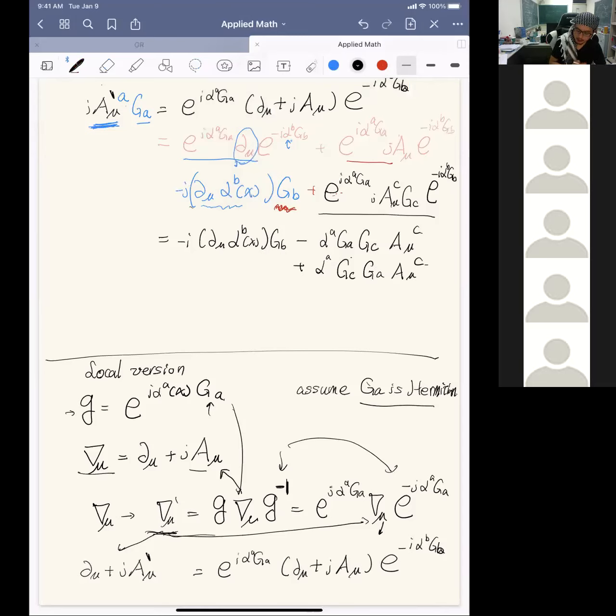The reason I want to write it like this is because I can recollect things. So this term here, I can recollect it and write it as partial alpha A mu C, and the commutator of GA, GC. Maybe, sorry, I should probably put a minus sign here.